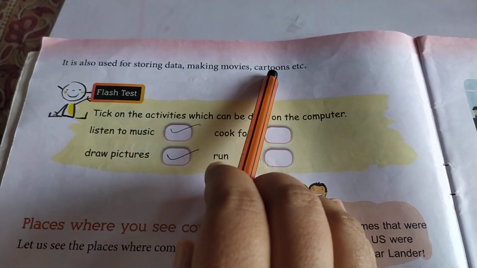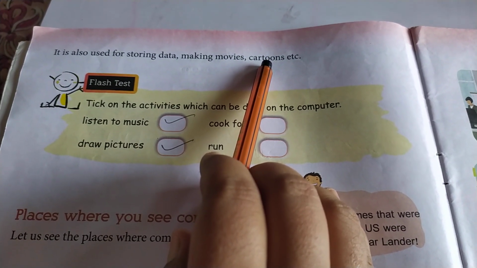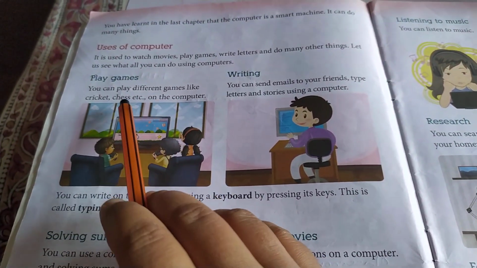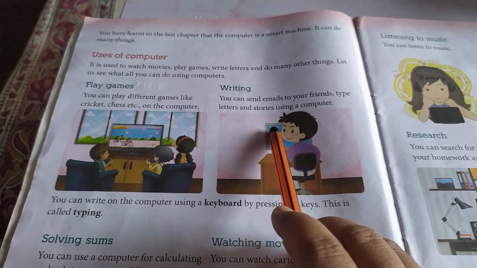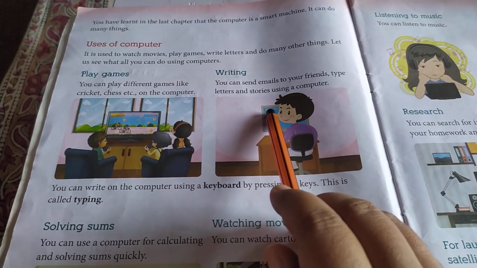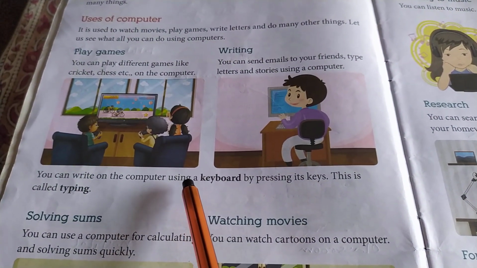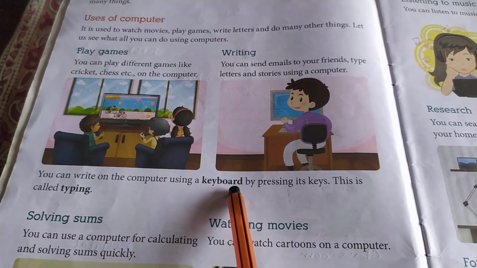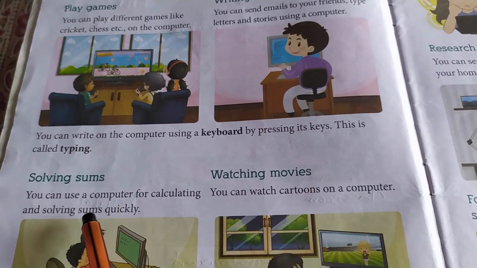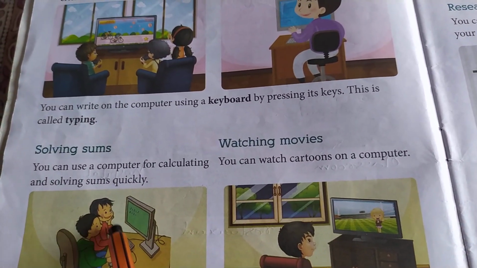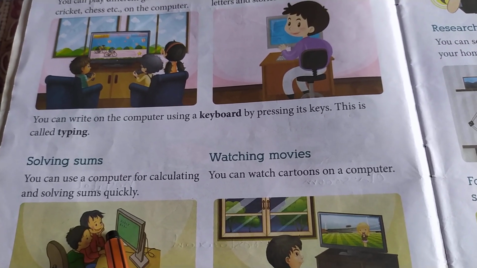Now, repeating the topic once again, uses of computer. We can play games using the computer. We can write emails, letters, stories. When we are using the keyboard and writing something on the computer, that is known as typing. Using the computer, we can do calculations and solve sums very quickly.